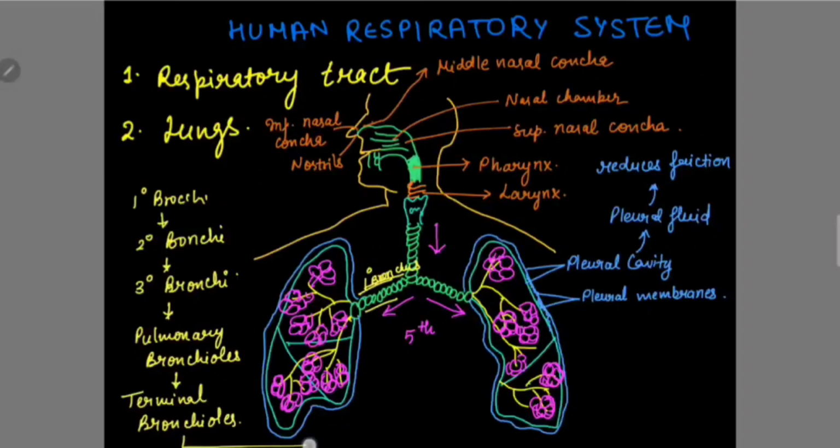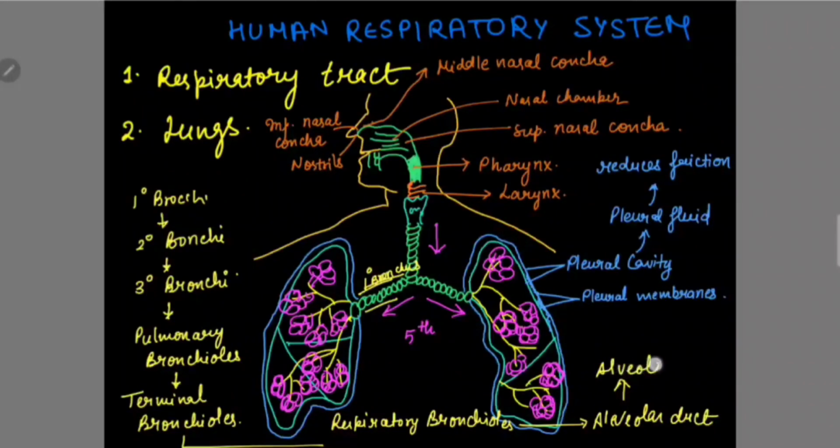Terminal bronchioles opens into respiratory bronchioles, which leads to alveolar duct. Alveolar duct opens into alveolar sac, which further leads to alveoli, where the diffusion of gases takes place.